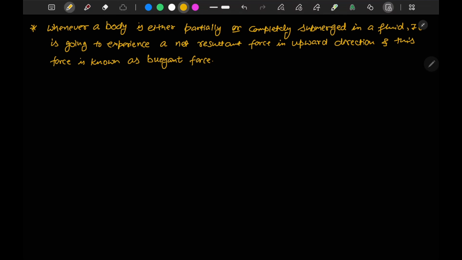Okay, next point here. Now this buoyant force, as I mentioned earlier, is the resultant force in upward direction acting on the body. So the force which lifts the body is known as buoyant force.